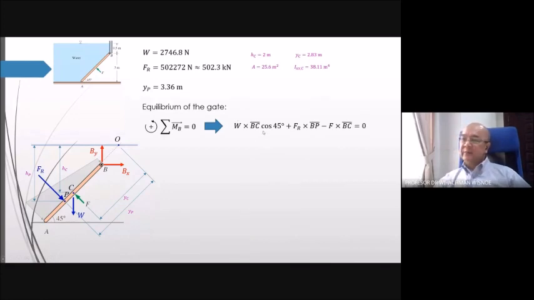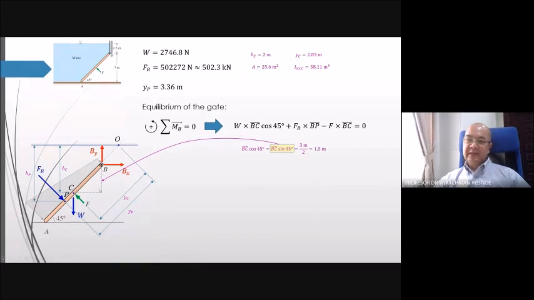Now let's see one by one. BC cos 45, we have an angle of 45, which means cosine equals sine. If we see this triangle, BC cos 45 is this one, and BC sine 45 is that one.